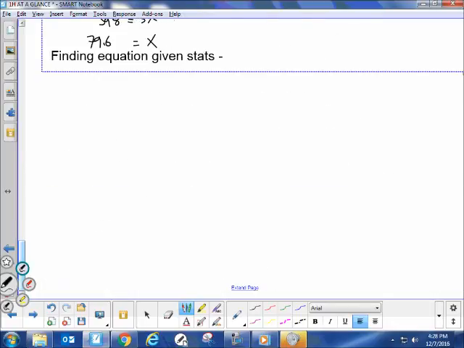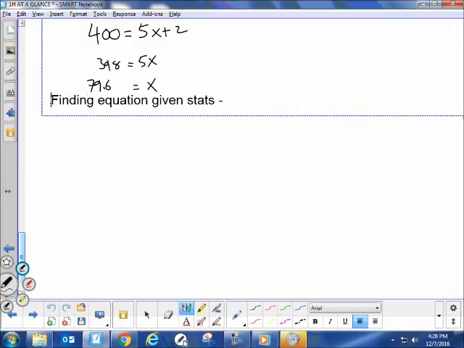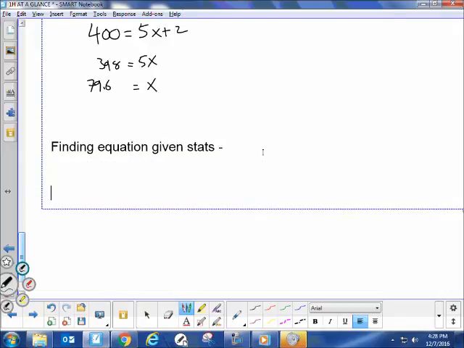Okay? So that's it. So we have our interpretation of our slope, the interpretation of our y-intercept. We can also find the equation given our stats. It turns out the line of best fit, y equals ax plus b, comes from certain things. The A, or the slope, comes from the correlation between our two data sets times the standard deviation of the y set of data divided by the standard deviation of the x set of data.